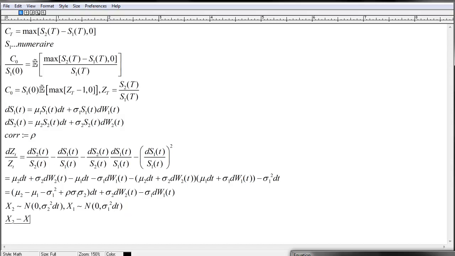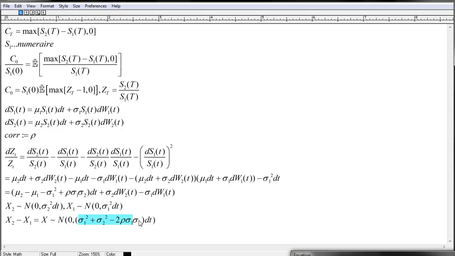Okay, and x2 minus x1, well, it's just difference of two normally distributed numbers, and difference of two normally distributed numbers is also a normally distributed number, say x, which is in our case normal with zero mean and diffusion term, which is equal to sigma 1 squared plus sigma 2 squared minus 2 rho sigma 1 sigma 2 times dt.